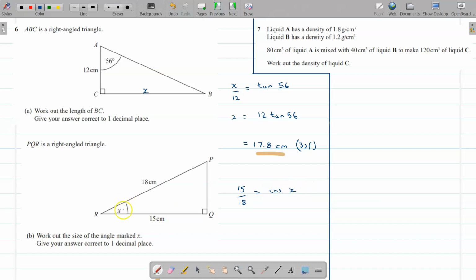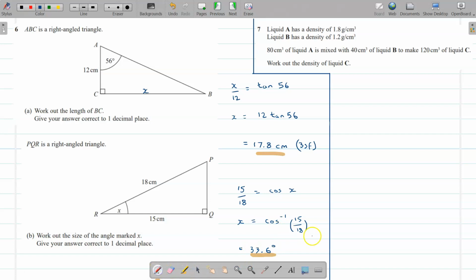Okay, so x is now the angle, you see. Therefore, x is the inverse cosine, shift cos on the calculator, of the fraction 15 over 18, and that will come out to be 33.6 degrees to 3 significant figures.